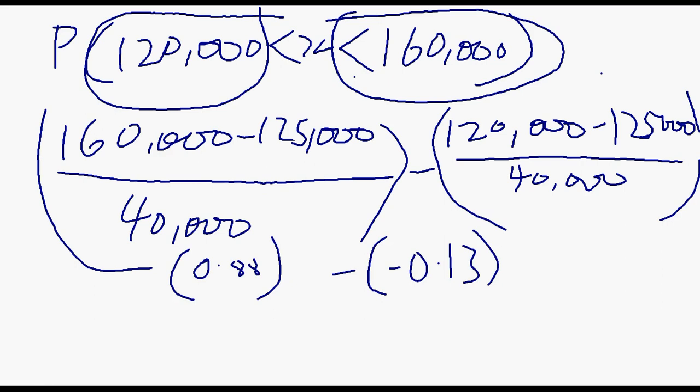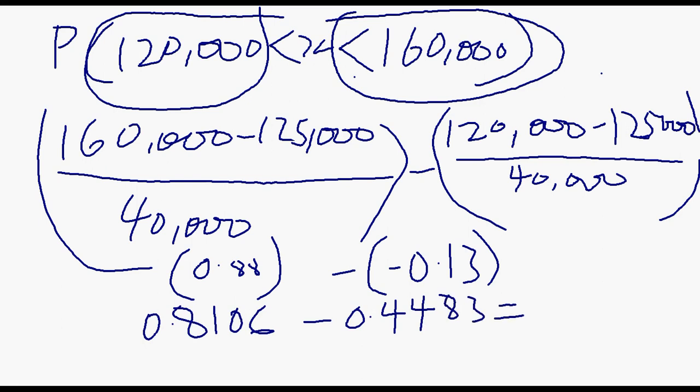So we will trace 0.88 on the calculator. 0.88, we also get 0.44. Then now we'll be getting 0.